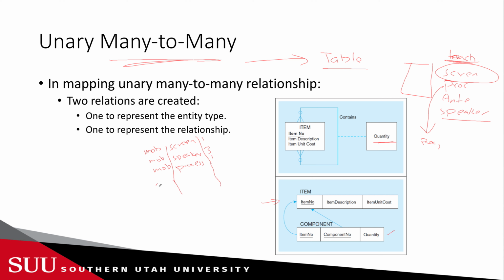Now for the screen, I will have, let's say, buttons, and I'll have 2 buttons for the screen. And then for the screen as well, I will have a front-facing camera. So it's 1. So you see, I have this screen in the component, and I have it as the item, which is in here. And this is what's happening in this mapping.